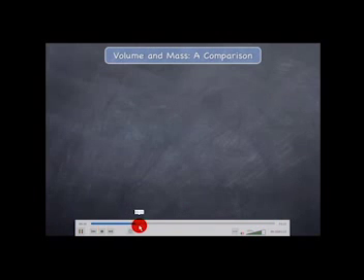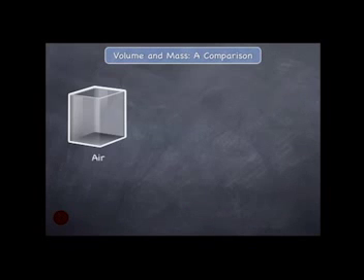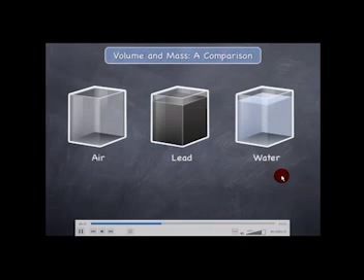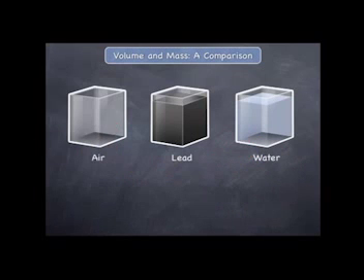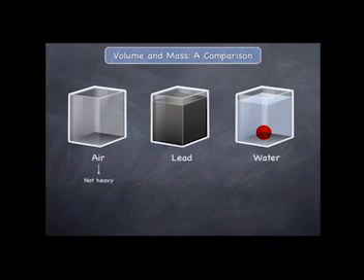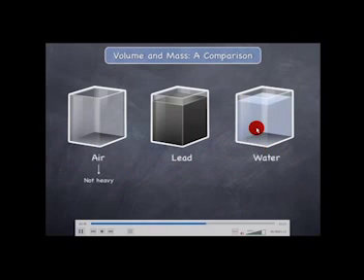Okay, if I have here a cube of air and a cube of lead or iron and a cube of water, which one is heavier? They all have the same volume. Which one is heavier? Of course, the lead. This one is heavier than this one. This one also is heavier than this one.